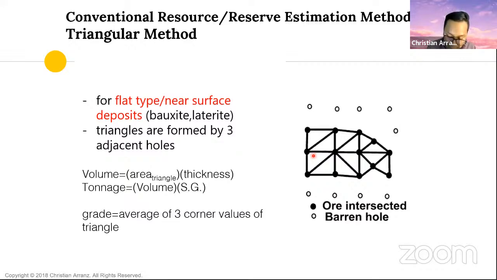So if you have 3 holes, like for this case, I will try to annotate now. This one, and this one. Okay. So if you connect that, you can get the area of that. But how do you get the thickness? So if you look at the side view, okay, paano ba? Ang hirap gumawa, no? Kunwari lang. Ganyan.